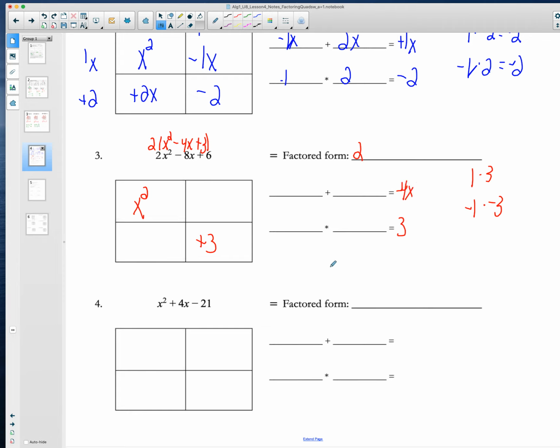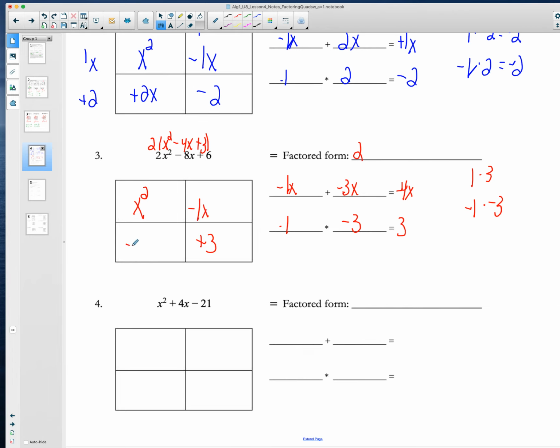When I do 1 plus 3, I get a positive 4, but negative 1 plus negative 3 gives me that negative 4. So that is the combination we want to use, and I'm going to drop both of these in here.